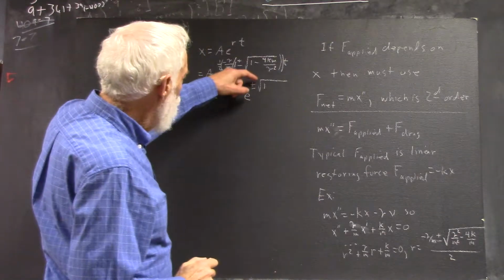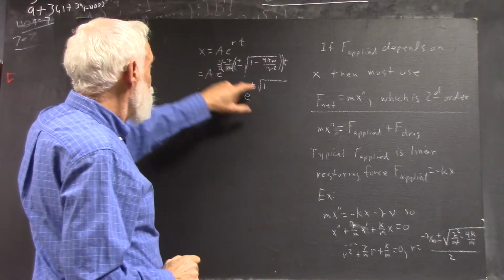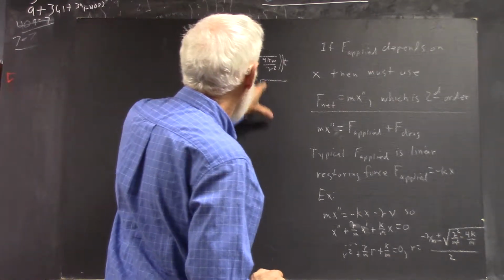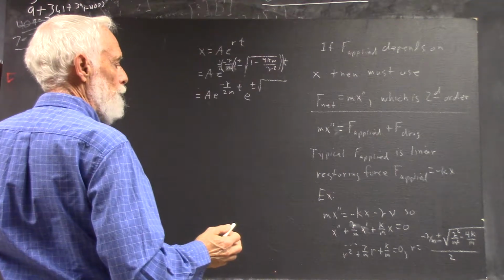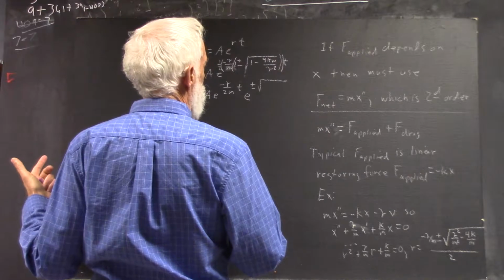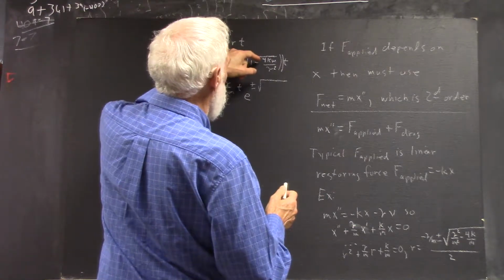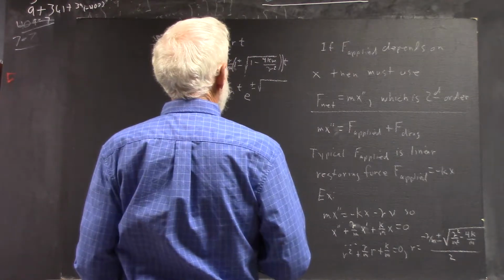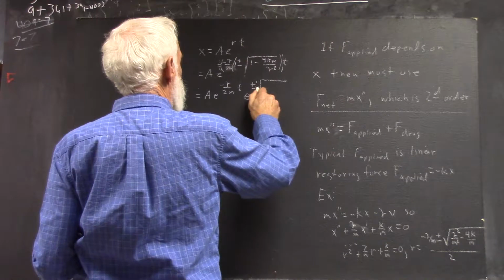I'd have to have a half out here because of this half, but instead of having the half out here, I'm going to put it in here, and it's going to give me a 1/4 minus, nah, I'm going to leave it out here.